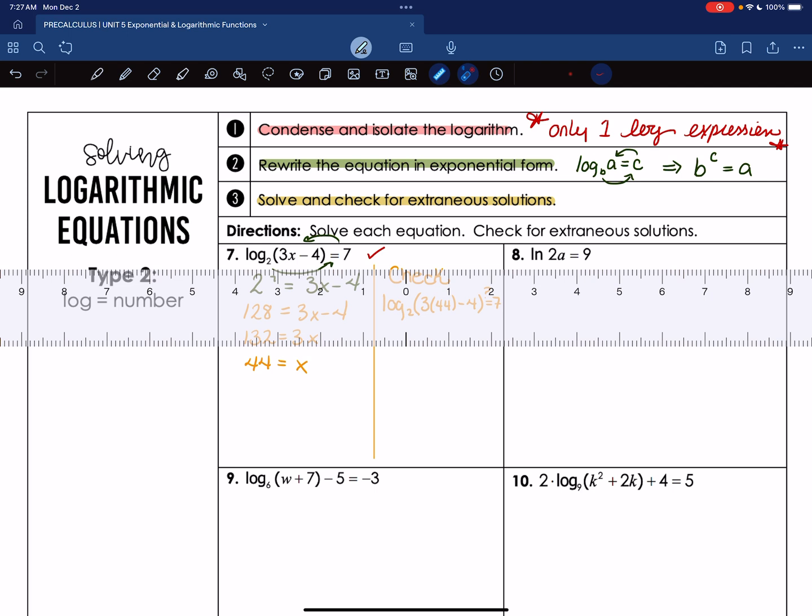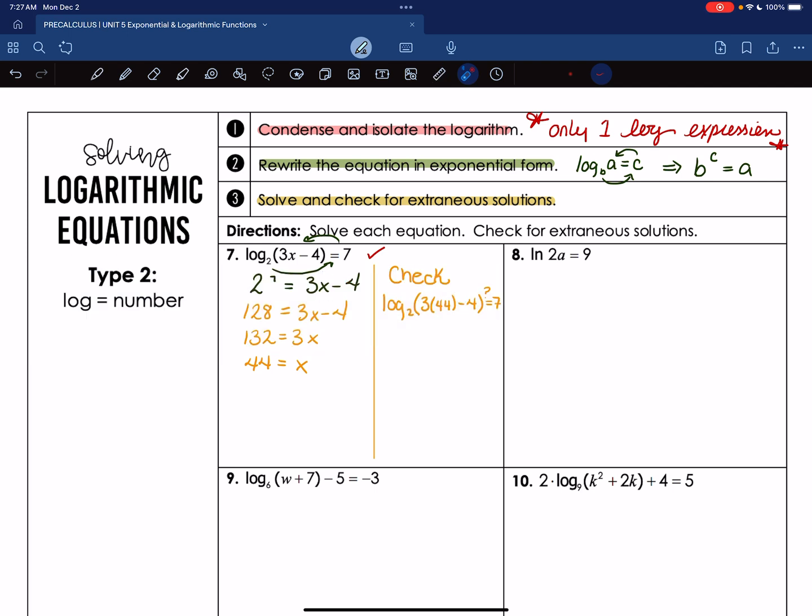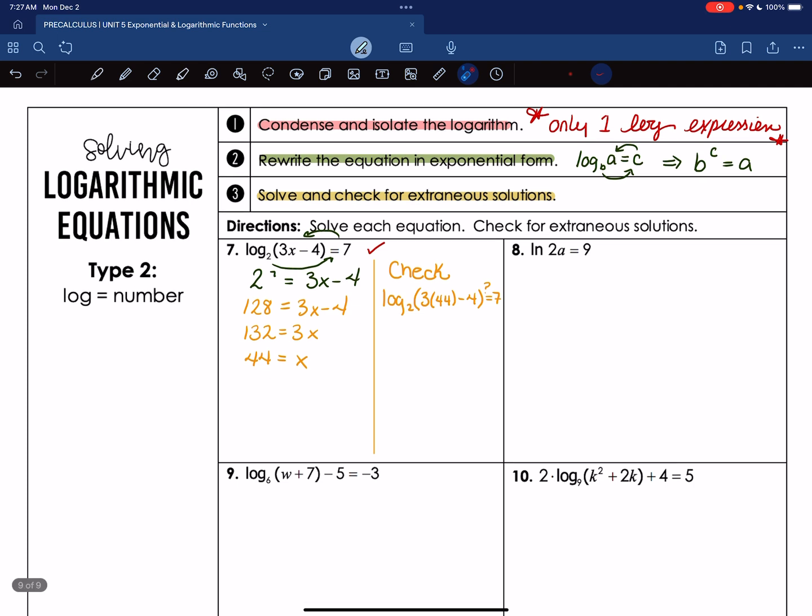I didn't know I had a ruler feature now. Okay, so is this whole side right here, when you plug it into your calculator, does it equal 7? It sure does. So that means that this is, in fact, my solution. There we go. Let's do another one.